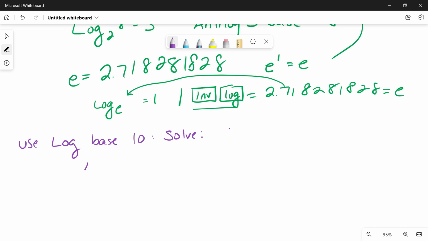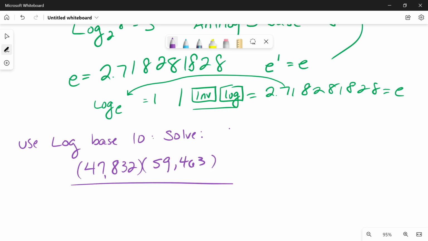So I've got 47,832 times 59,463 all over 0.000817. We could do all of that math, right? But what we're going to do is use our log key instead to change all of these into 10 raised to something, and then we're just going to have to deal with the exponents.